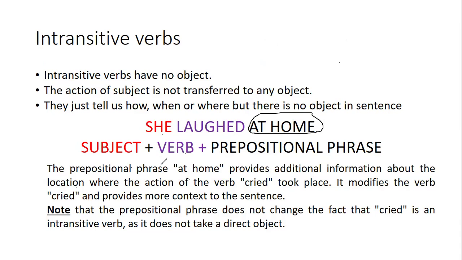The location. She laughed at home. Where the action of the verb cried, laughed, whatever you say, took place. It modifies the verb and provides the context to the sentence, right? So you can say that intransitive verbs do not transfer the action to any object.